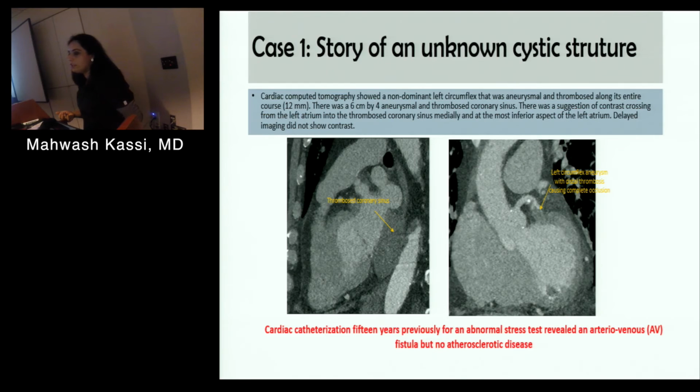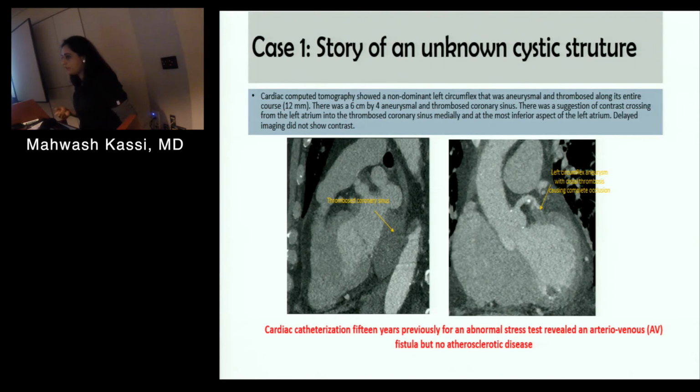On the CT scan, you could see that not only was his coronary sinus completely thrombosed, but the left circumflex was also completely thrombosed. The hypothesis was that either his coronary sinus first thrombosed spontaneously and then led to thrombosis of his circumflex, because remember, he didn't have a lot of disease in his LAD or RCA.